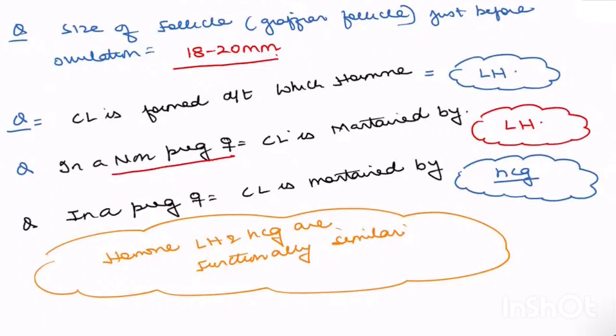Not progesterone, you are saying it wrong. Everyone who is marking progesterone, please correct this. It is not progesterone, it is HCG which maintains corpus luteum in pregnancy, right? And that is why we say LH and HCG are functionally similar. Both have similar function, right? Clear to all of you?